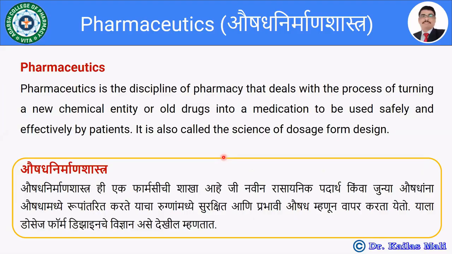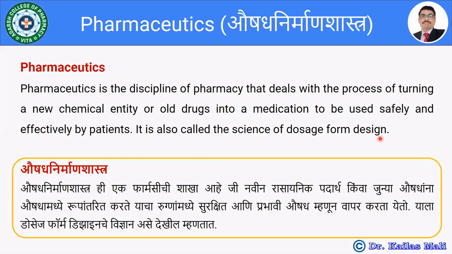So pharmaceutics is the discipline of pharmacy that deals with the process of turning a new chemical entity or old drug into a medication to be used safely and effectively by the patient. It is also called the science of dosage form design.